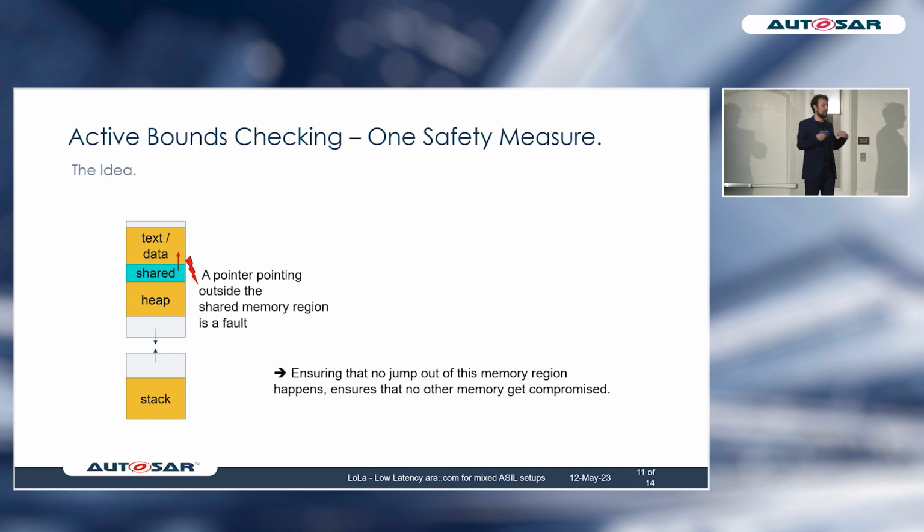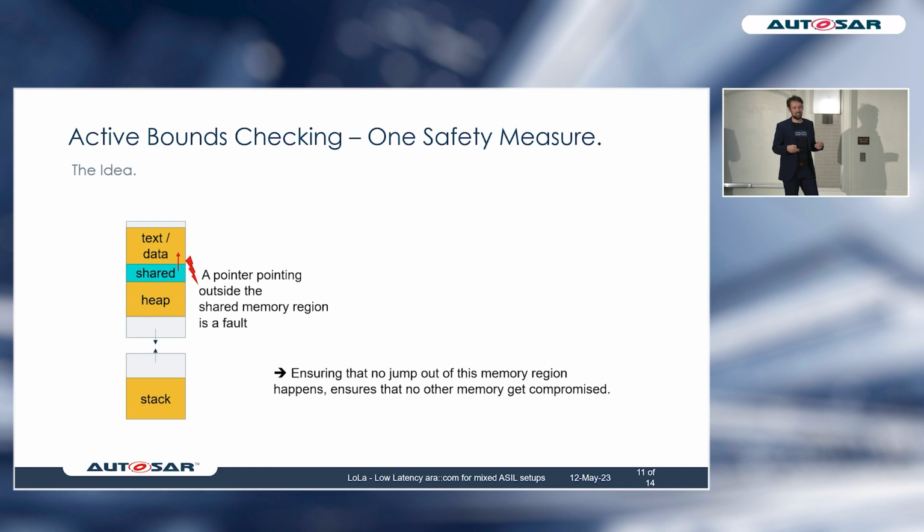Or if you have a QM producer and she's just writing garbage in the shared memory segment, then this could lead to an issue. And what could this issue be? Basically, what could happen is that if we have a pointer here, then we could jump out of the shared memory segment and thus use data, or even alter data, which is not part of this shared memory region.